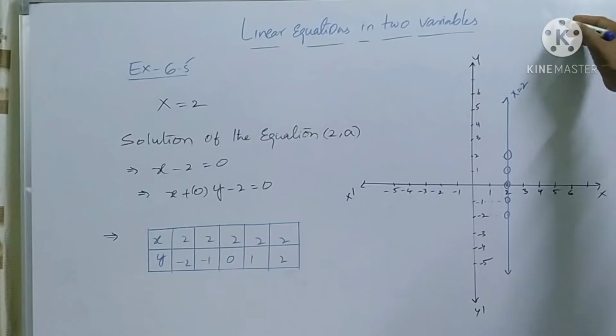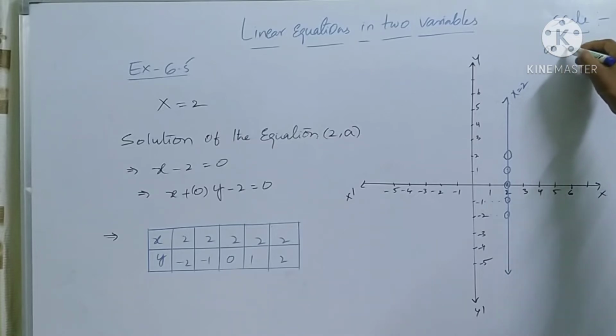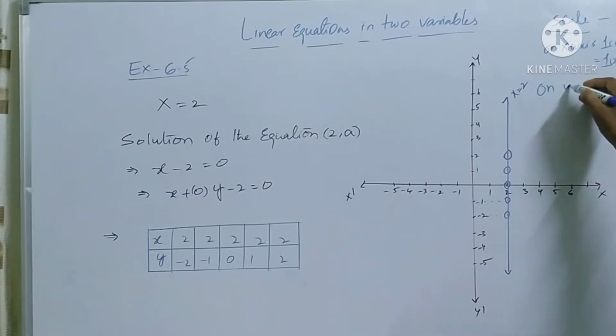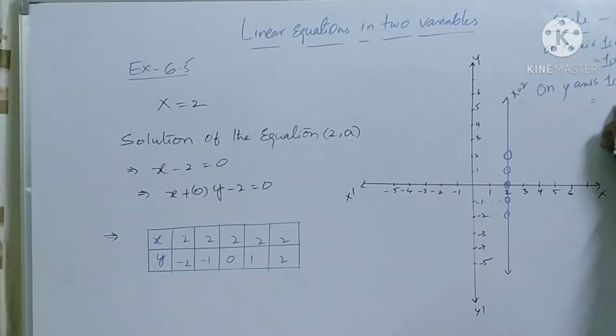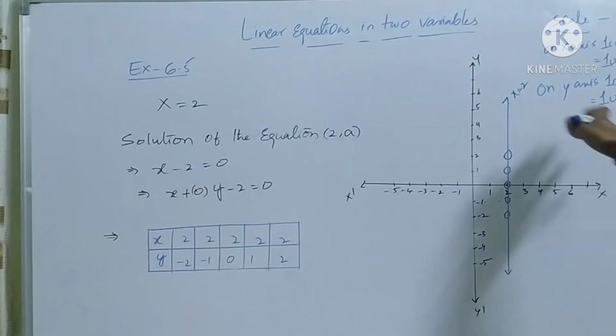Here our scale on the x-axis is 1 centimeter equal to 1 unit. On the y-axis, 1 centimeter is also 1 unit. This graph represents x is equal to 2 on the Cartesian plane.